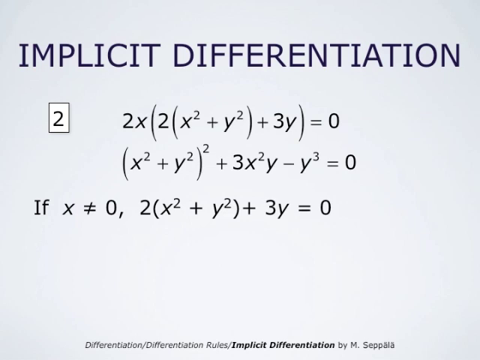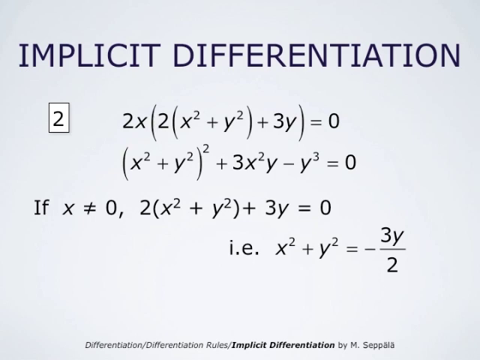Now if x is not 0, then in order for 2 times x times (2 times (x squared plus y squared) plus 3y) to be 0, we must have that the second factor is 0. So then we get that 2 times (x squared plus y squared) plus 3 times y must be 0 if x is not 0. And from here we may solve x squared plus y squared.